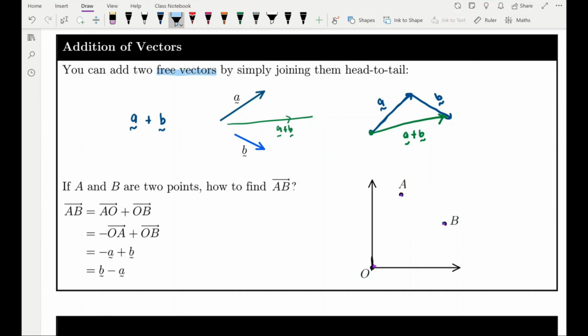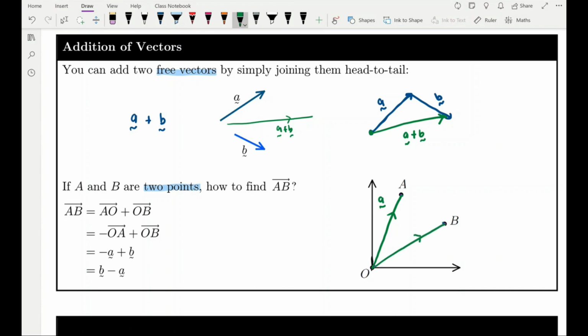Another one, if A, B are two points, two points means must start from origin. How to find AB? From this, we know that A starts from origin. That means this is our A. And then our B also starts from origin.